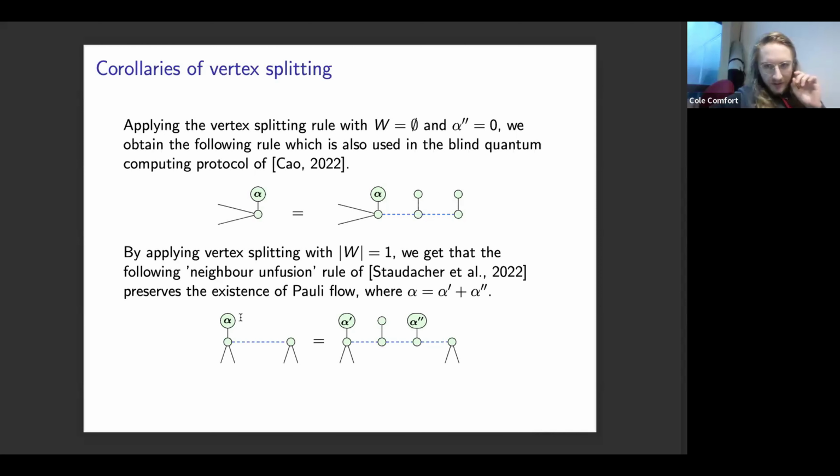I also have a question if I can butt in. Of course. I was interested when you said drawing these paths. Is there any way in which you can see any of these flow conditions as making the edges in these graphs directed or something, and trying to ask for cycles or something like that?